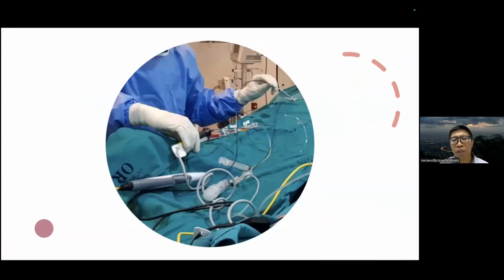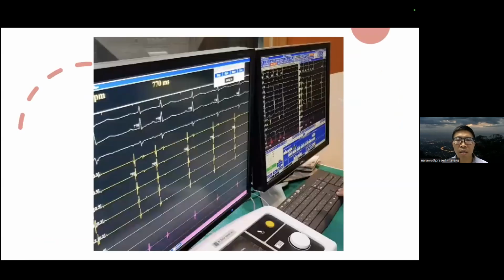We may pass those catheters through a specific plastic tube through the groin over your vein at the legs, groins, or underneath the collarbones, or maybe through other specific veins to get the passage into your heart chamber.